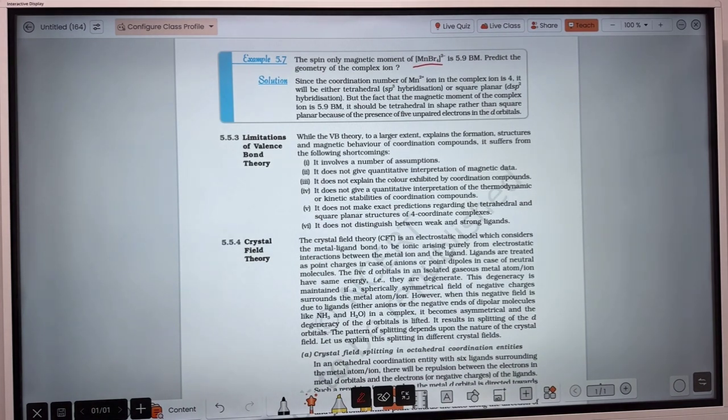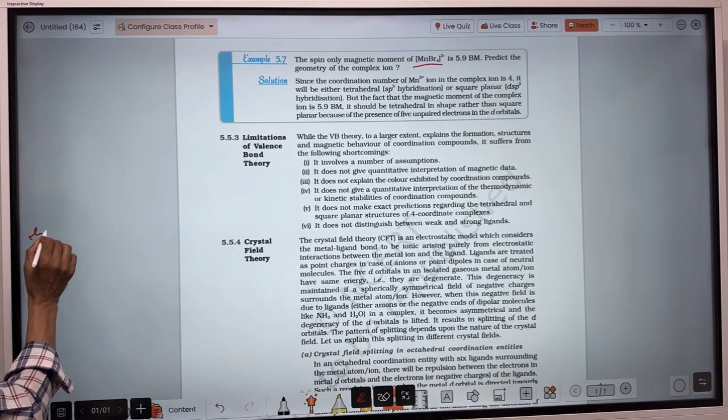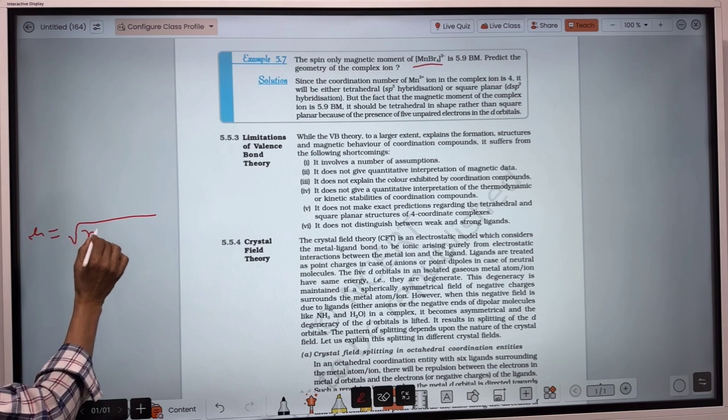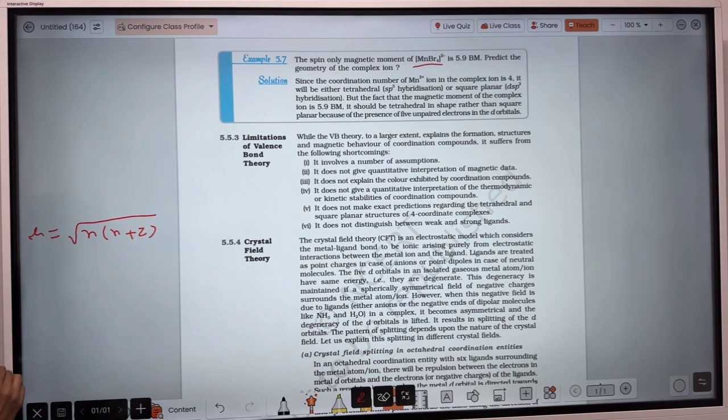The dipole moment is 5.9 Bohr magneton. The dipole moment is equal to root under n into n plus 2.